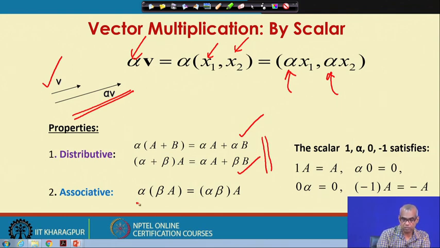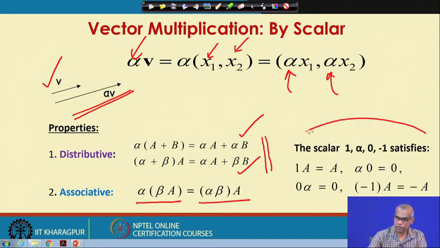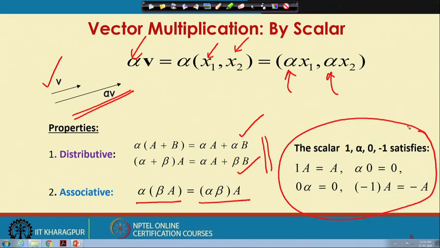So, alpha into (beta into a) is (alpha beta) into a. If you take scalars 1, alpha, 0 or minus 1, they will satisfy 1 into a equal to a, alpha into 0 equal to 0, 0 into a equal to 0, minus 1 into a equal to minus a.